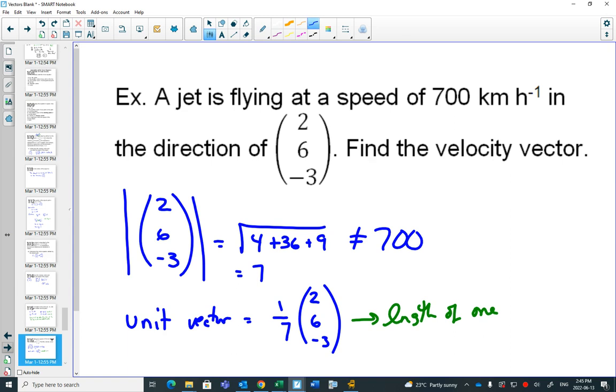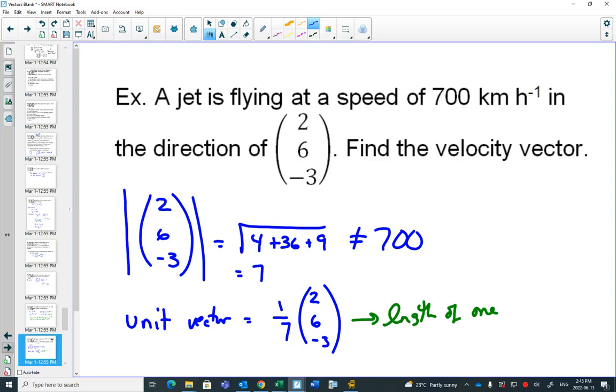Now this is probably one that you could have done mental math otherwise, right? You could probably say, well, if this has a length of 7, what would I need to multiply it by to get a length of 700? I would need to multiply by 100. Okay? But sometimes this number here isn't an easy multiple.